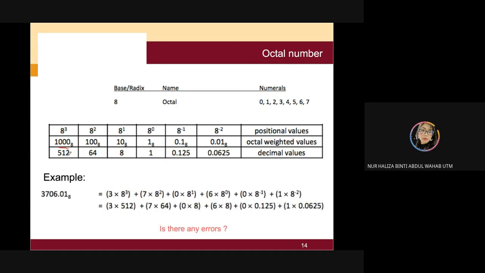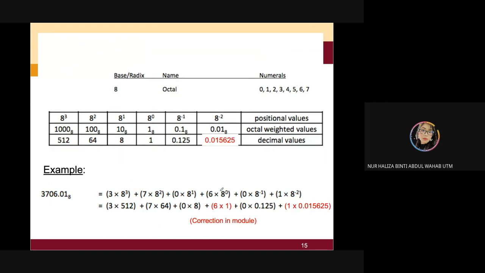Okay, let's say you have the example over here. This is basically similar. You will multiply with 8 to the power of something over here. And if you notice over here, you have an error. You can correct it in your notes later on, and also your books and your ebooks.